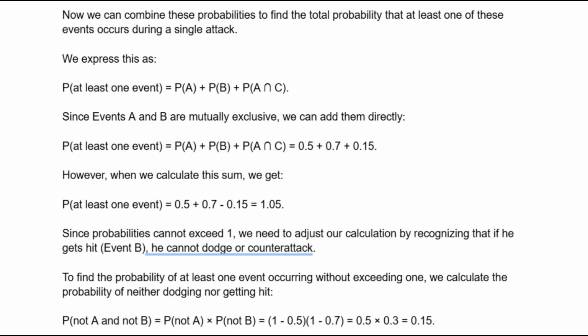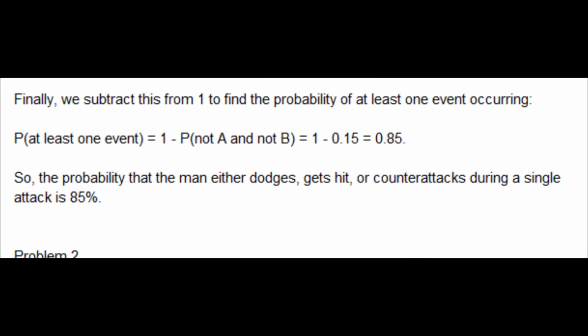P of not A and not B is equal to P of not A multiplied by P of not B. 1 minus 0.5 multiplied by 1 minus 0.7 is equal to 0.5 multiplied by 0.3, leading to 0.15. Finally, we subtract this from 1 to find the probability of at least one event occurring.